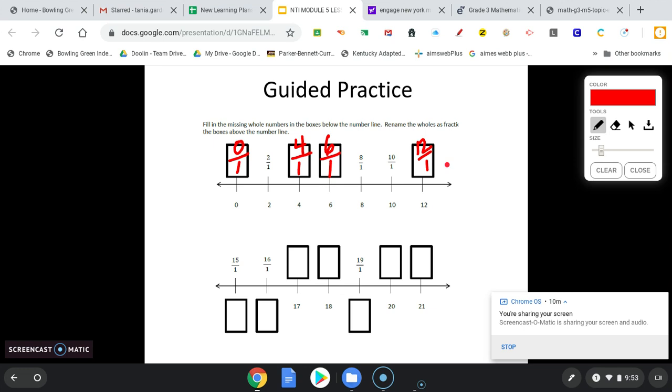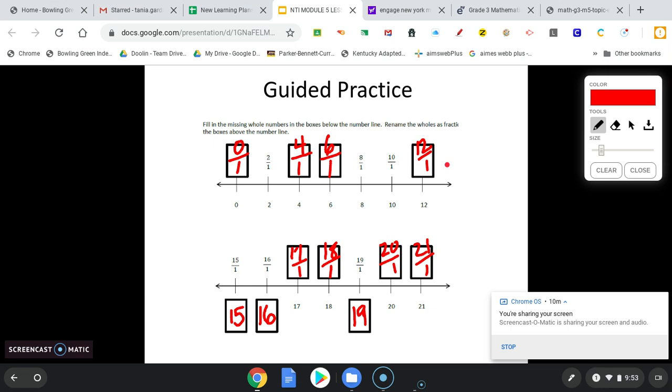Good job. Oh, on this one we have 15 over 1, so that would be 15 wholes. 16 over 1 would be 16 wholes. So then we have 17 over 1, 18 over 1, 19 wholes, 20 over 1, and 21 over 1.